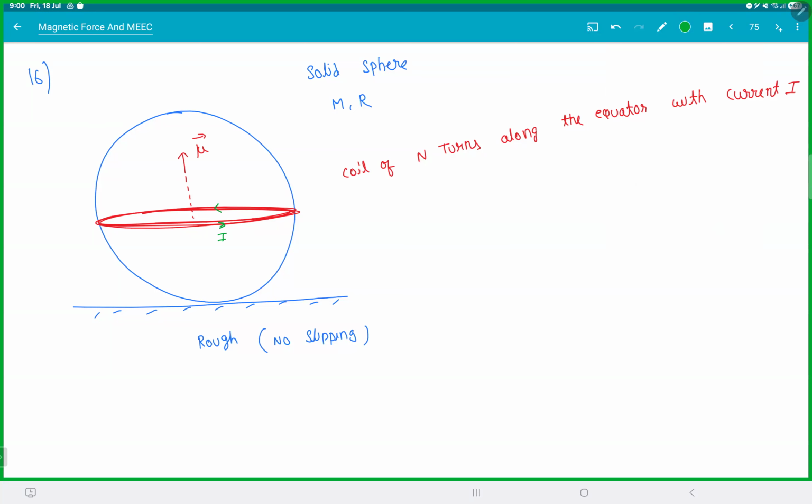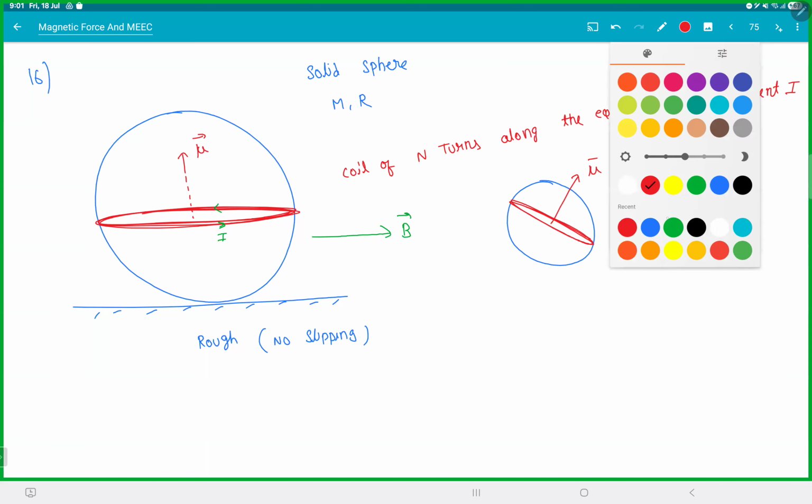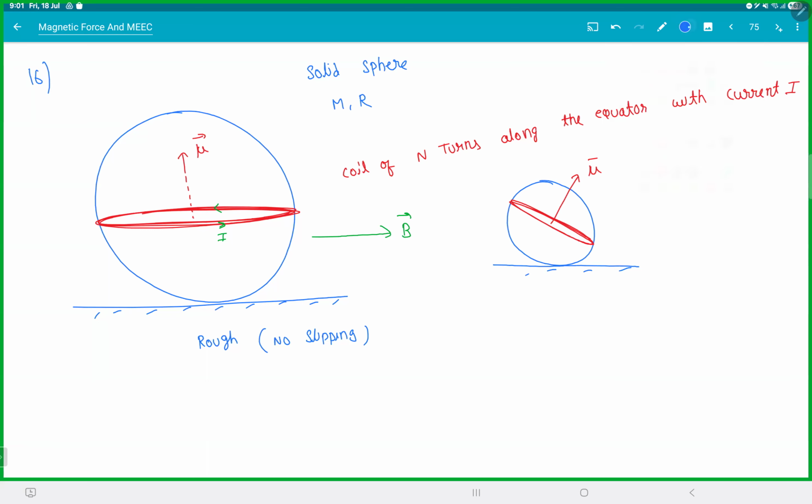Now what you did, you switched on the magnetic field B. Once you switch it on, something happens and this thing won't remain quiet anymore. This thing will start rotating. This is how it will become. This is angle theta.